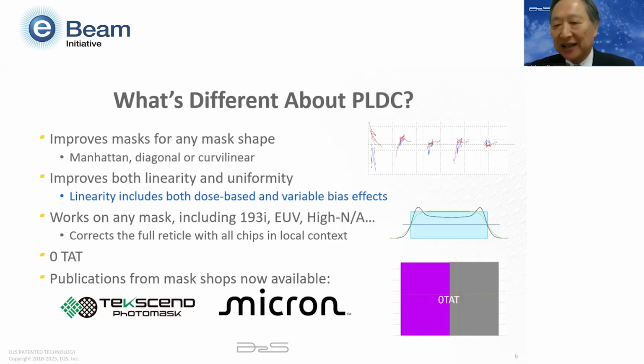You cannot do that with EUV and high-NA, but it doesn't matter for PLDC, because PLDC is processing the computing as the mask is being written. So it's processing all of the shapes on the full reticle, custom per location, custom for whatever is happening in that particular spot. Anyway, it's doing that no matter what the mask is.